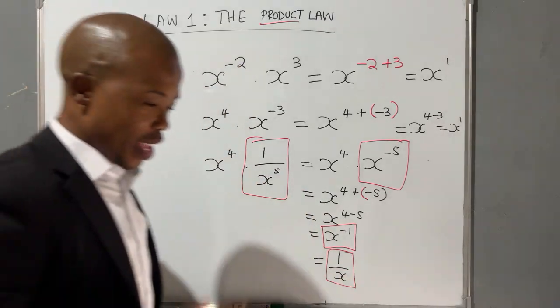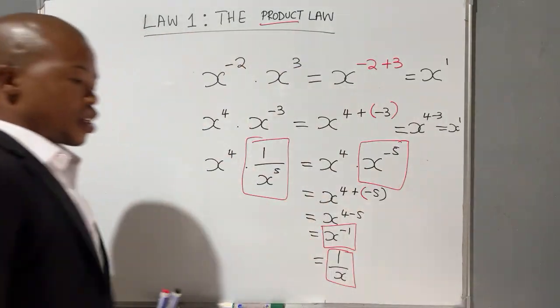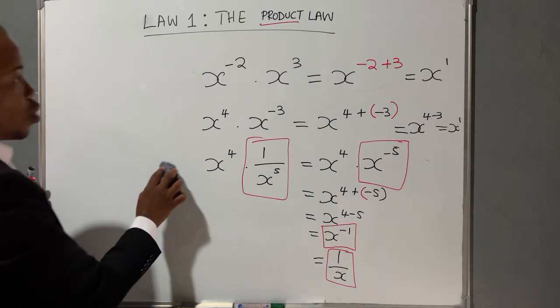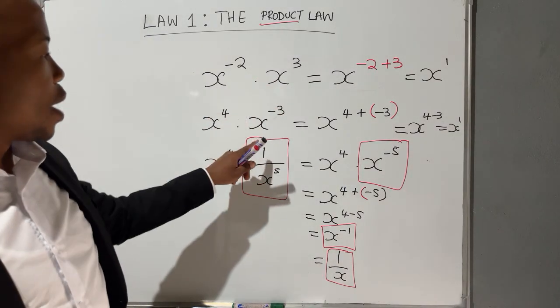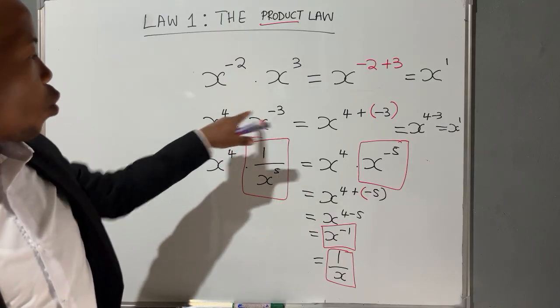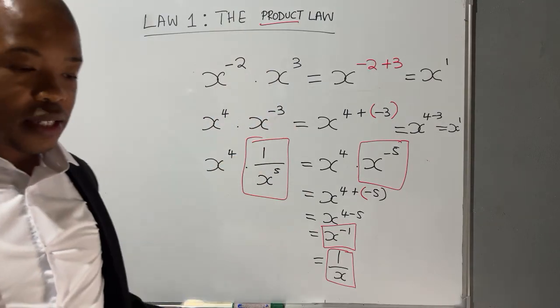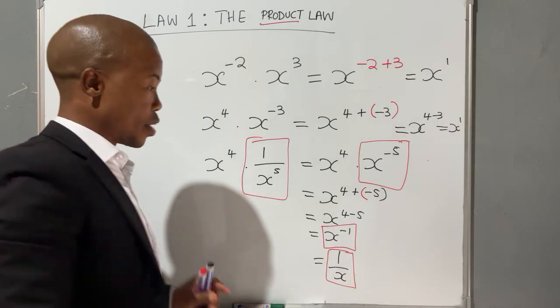Are we together? Now, let's look at something else also. Remember, here we are talking about x, whereby one of our exponents is negative. It's also possible, right?